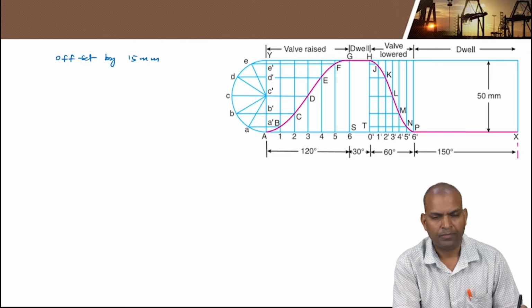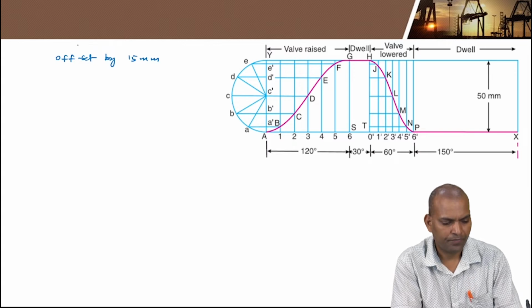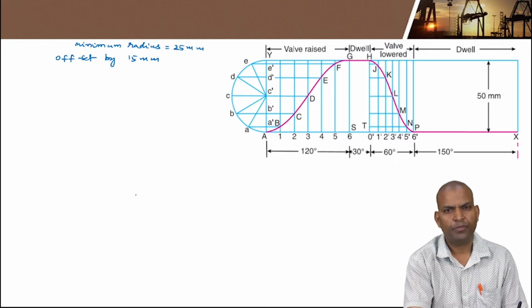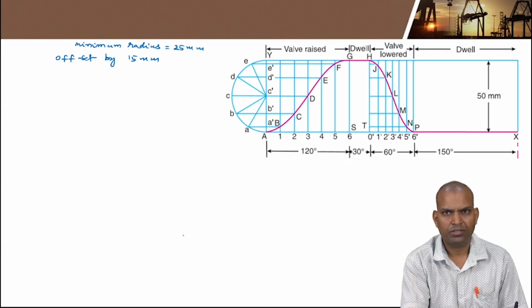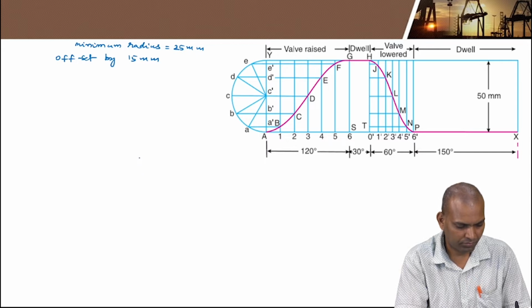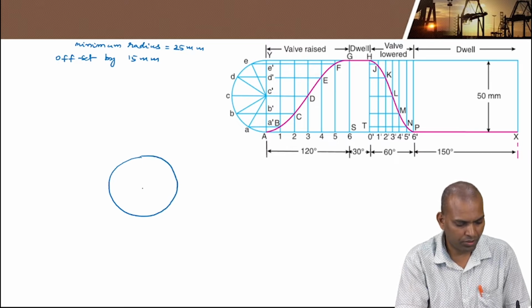First, draw the minimum radius of the cam, that is 25 millimeters. With this radius of 25 millimeters, draw the circle with the help of a compass.